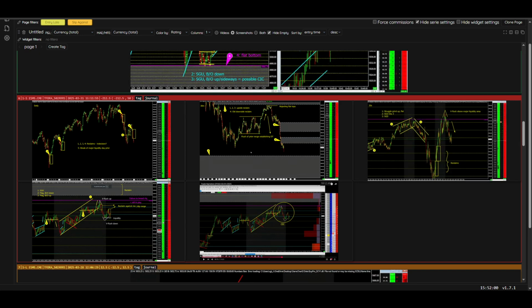Short too early against it, dude. I knew this was a problem for me. I didn't realize how bad it was. Is there another page of this? There sure is.